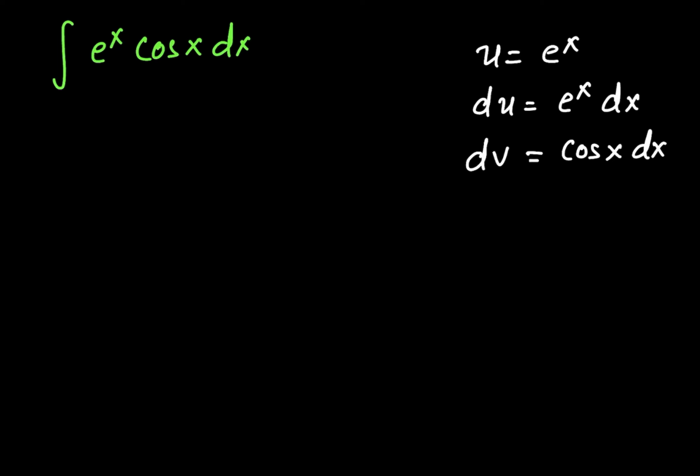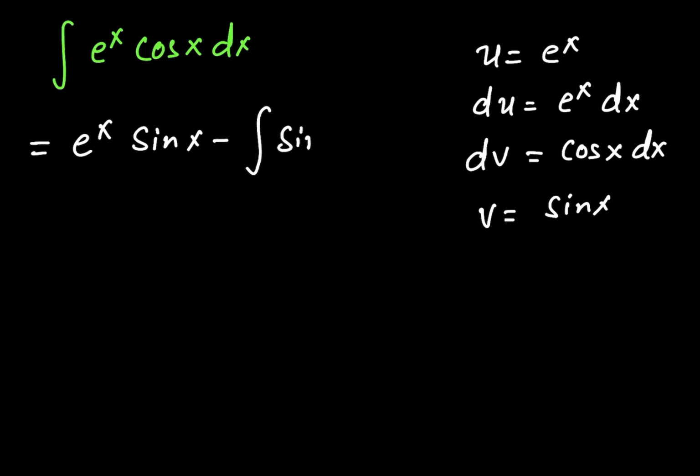Now integrating on both sides, we will have v equal to sine of x. Okay, now we will be placing these values in here, so we will have this equal to e to the power x sine x minus the integral of sine of x multiplied by e to the power x dx.